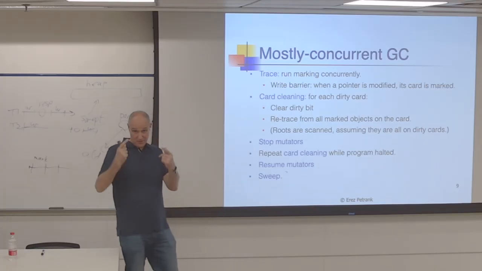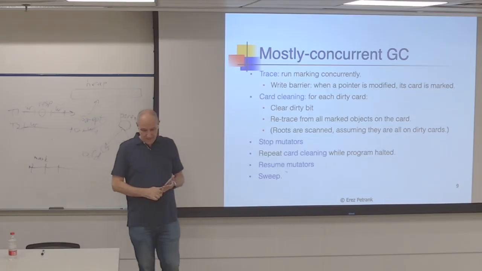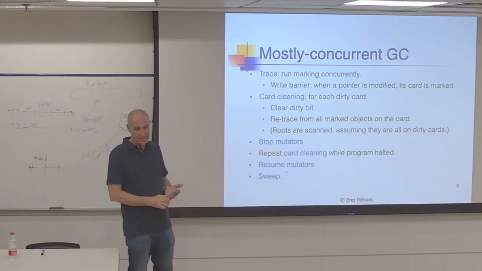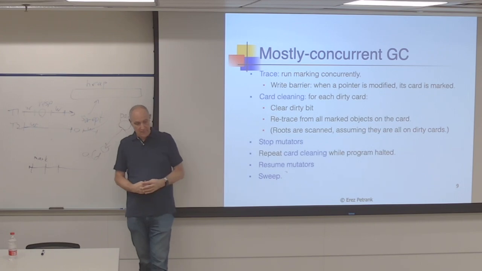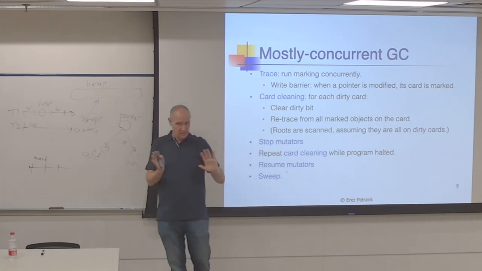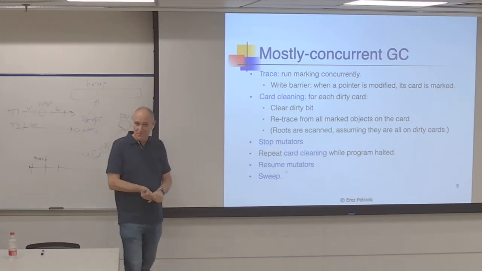You're asking about the race between sweep and allocation, if it happens also here. Yes, you have to worry about that in all the concurrent sweeping algorithms. We did this kind of clumsy solution in DLG. In your homework, you'll do a really elegant and nice solution.